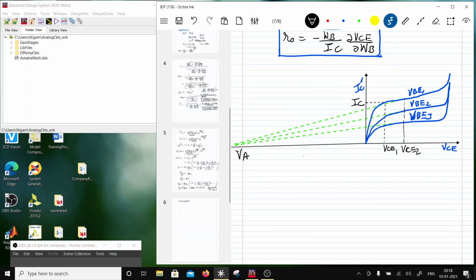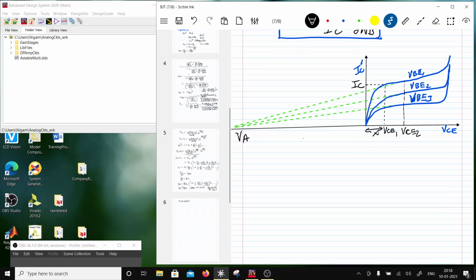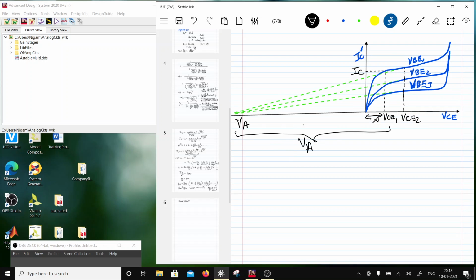So now what is going to happen is let's ignore this value. So this total thing up to here is VA, right? So I can say IC over VA is the slope, correct? And then I want to find out this incremental value on top of that, because this is what is happening over here, right? So basically, if there was no base width modulation, this will become flat like this, right?